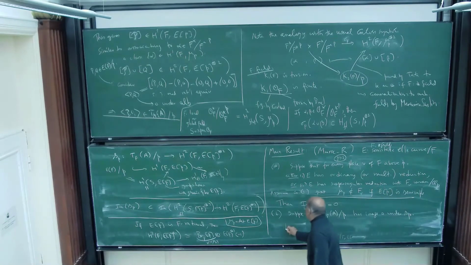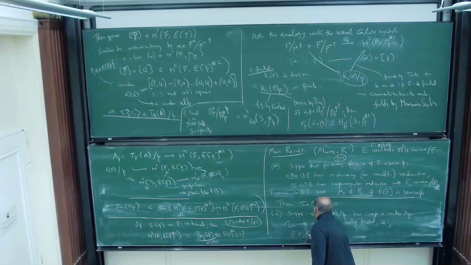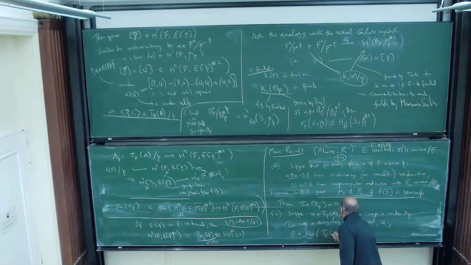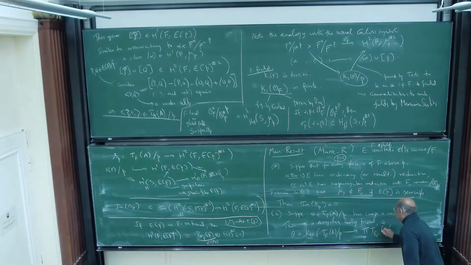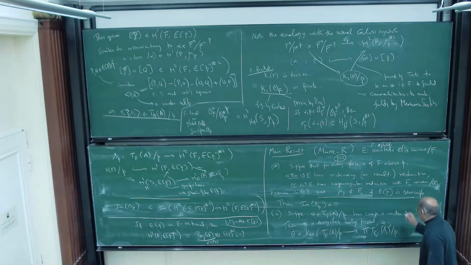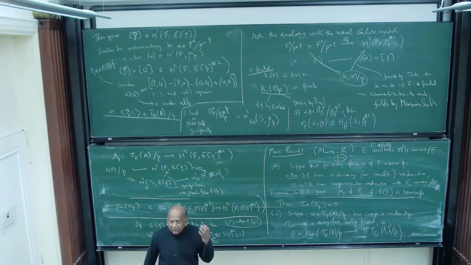Then theta is everywhere locally trivial, i.e. theta belongs to the kernel of the map to the product over all places V. So if something goes to 0, I would like to say it is 0.